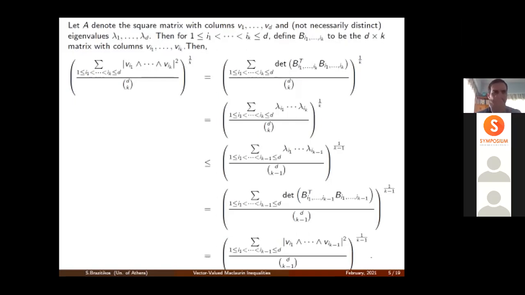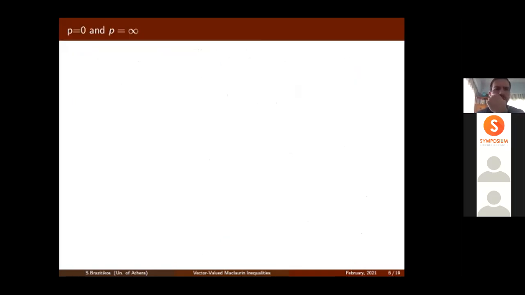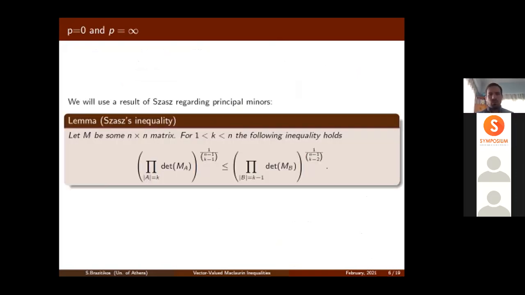Now we are going to see the cases p equals 0 and p equals infinity. For these cases, we will use an inequality of SAS, which is about principal minors. It says that if we have an n by n matrix M, and we take some k between 1 and n, then we have the following inequality.